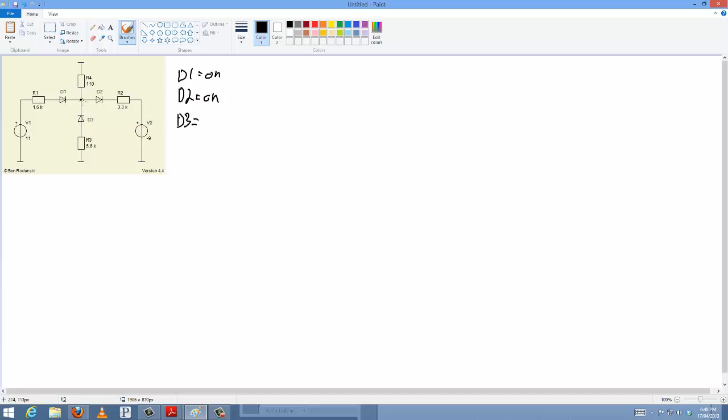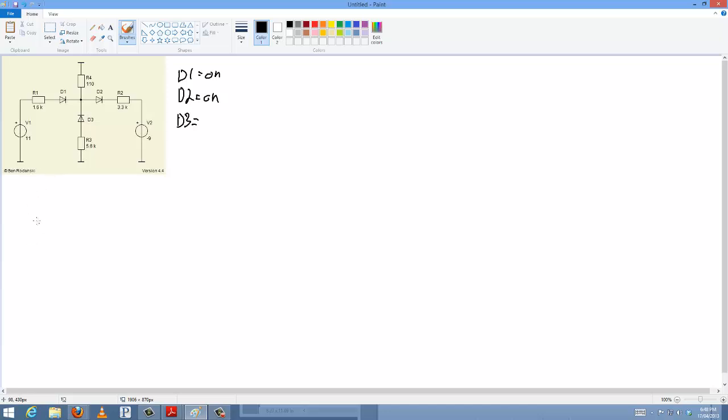Because D3 is pointing into the node, if R4 is a positive number, D3 will be off. If R4 is a negative number, D3 will be on, because 0 flowing to negative will obviously have the diode on, and if it's positive, it's greater at the cathode and it is off, because it can't flow backwards. It's a diode.